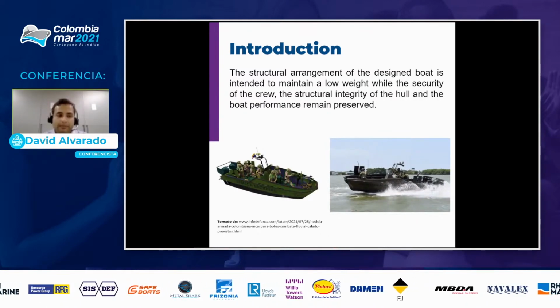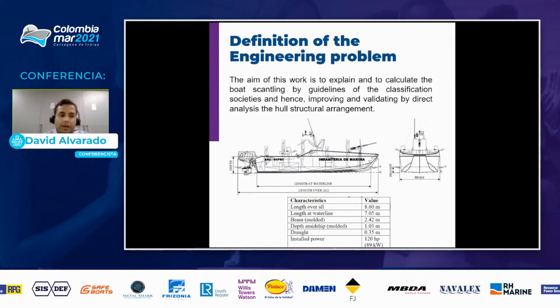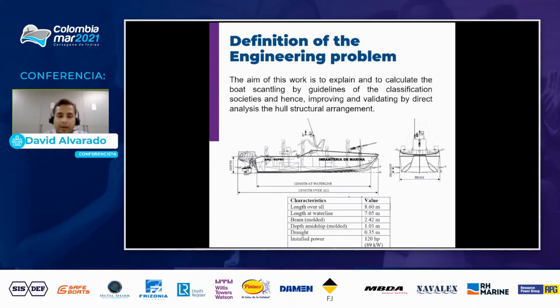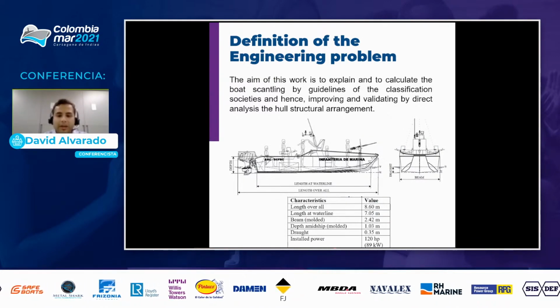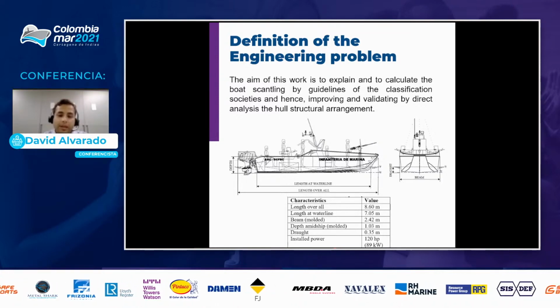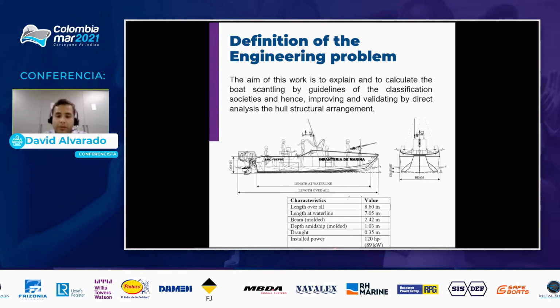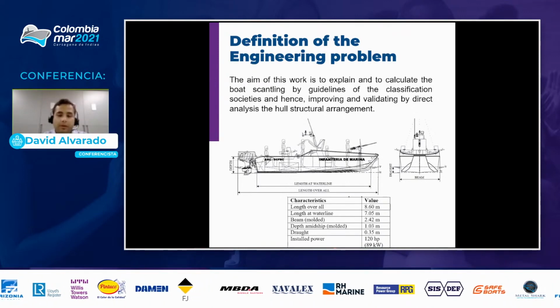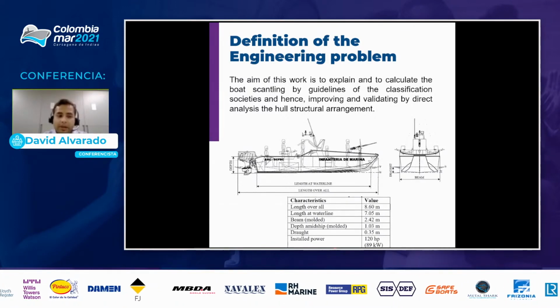The hull is totally made of naval aluminum. So we developed a vessel whose total displacement is about 3.6 tons with a total length of 8.6 meters, a width of 246 and a draft of 35 centimeters.